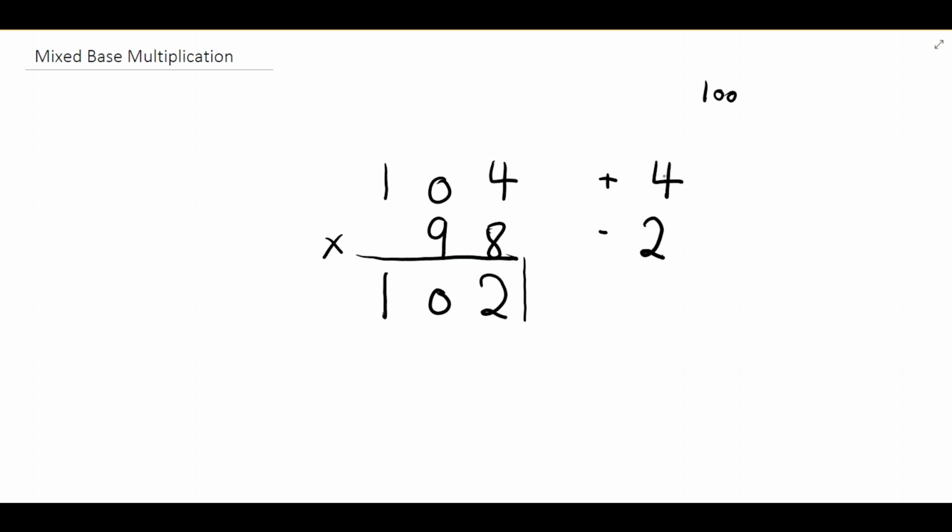Now for the right hand part of our answer, we take plus 4 into minus 2. You should be really careful. So what we get as the right part is a minus 8.